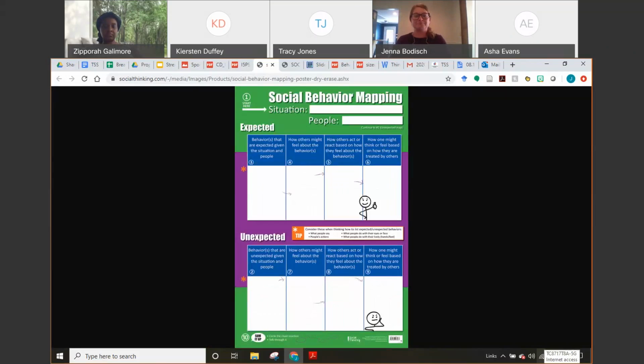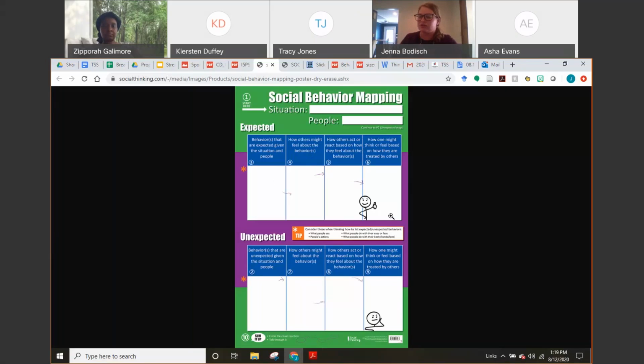Social behavior mapping. I've seen many different adaptations of this, and you can use whatever makes sense to you, but it's this idea of what's expected in the situation, how others might feel about what I do, how others might act or react based on how they feel about what I do, and then how I might feel based on how people are treating me.